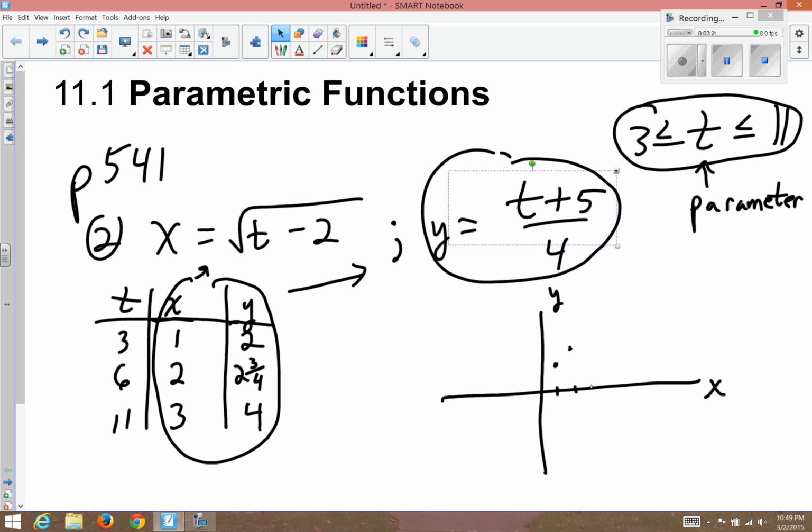And the point 3, 4. And this does not continue forever. It just has a starting point, which is 1, 2, and an ending point, which is 3, 4. That is called the parametric curve. x is a function of t. t could be time, and y is a function of t.